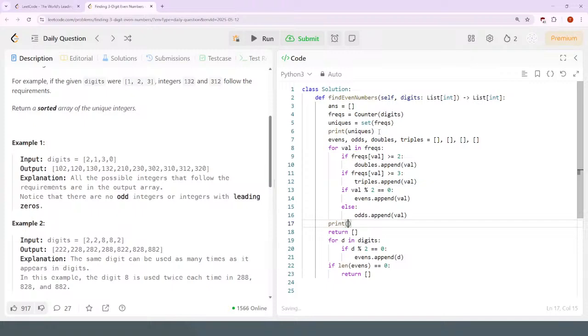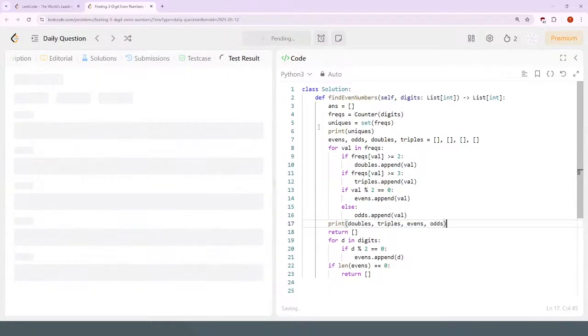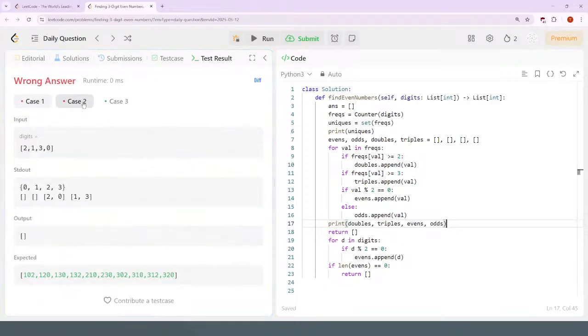Print the doubles, triples, evens, odds. Okay, so there's nothing that's double, nothing that's triple. Evens are 2, 0, the odds are 1, 3. Not sorted.